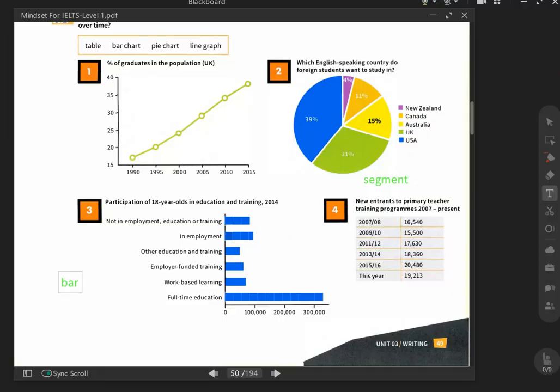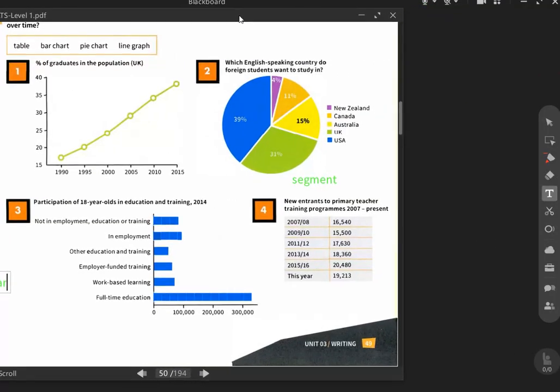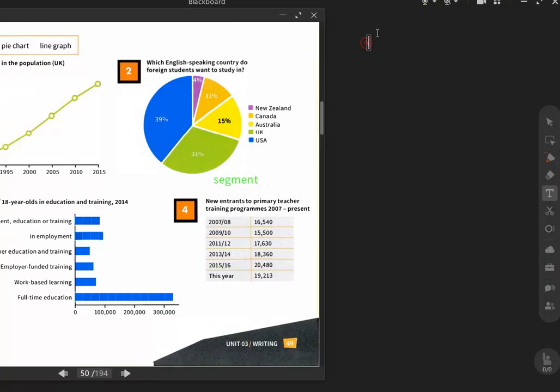So we have 4 paragraphs. The first one is introduction. Then we have overview and body paragraph or main body 1 and body paragraph 2.